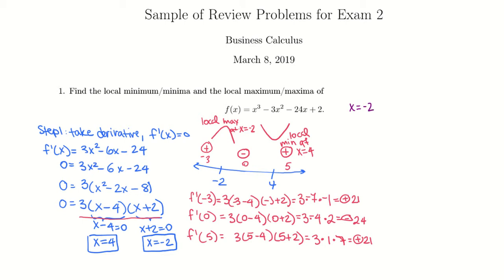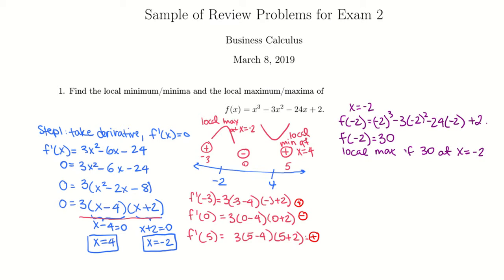So f of -2 is equal to -2 to the third minus 3 times -2 squared minus 24 times -2 plus 2. We get that f of -2 is equal to 30, which means that we have a local max of 30 at x equals -2.